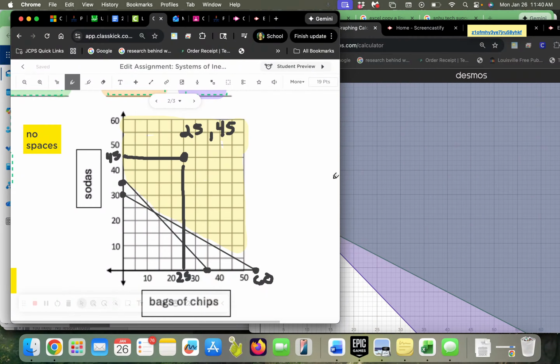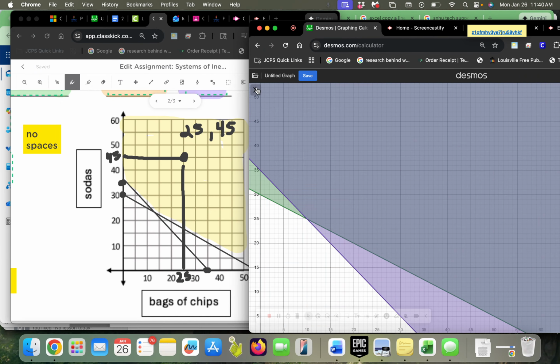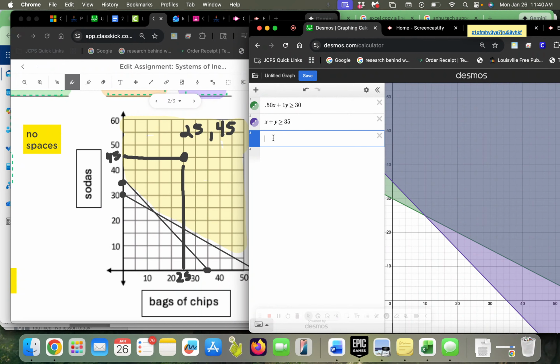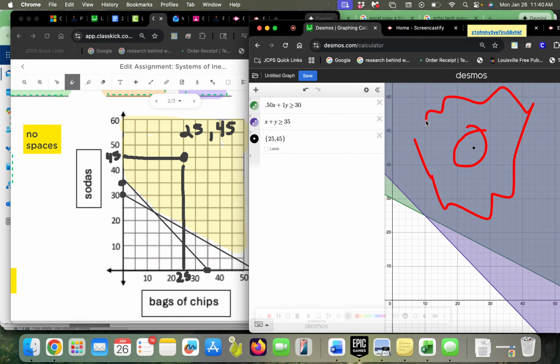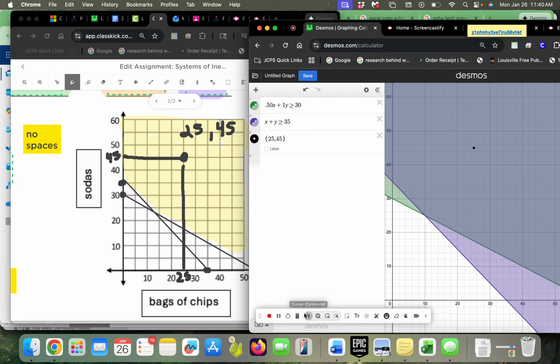But just for good measure, I am going to double check by typing it into my Desmos calculator also. So (25, 45). And yep, as you can see right here, that coordinate does fall in the darker area where all of the different solutions are. So that one will work for my inequality.